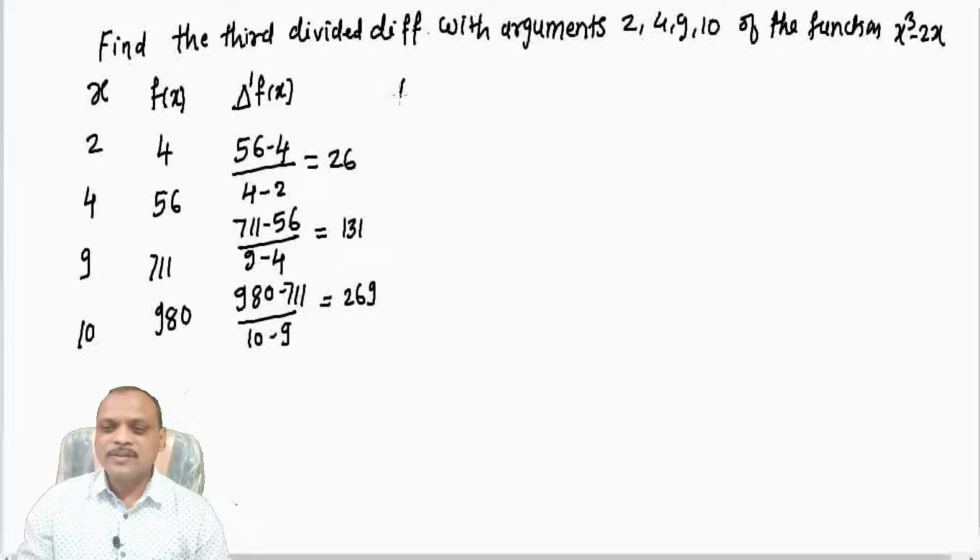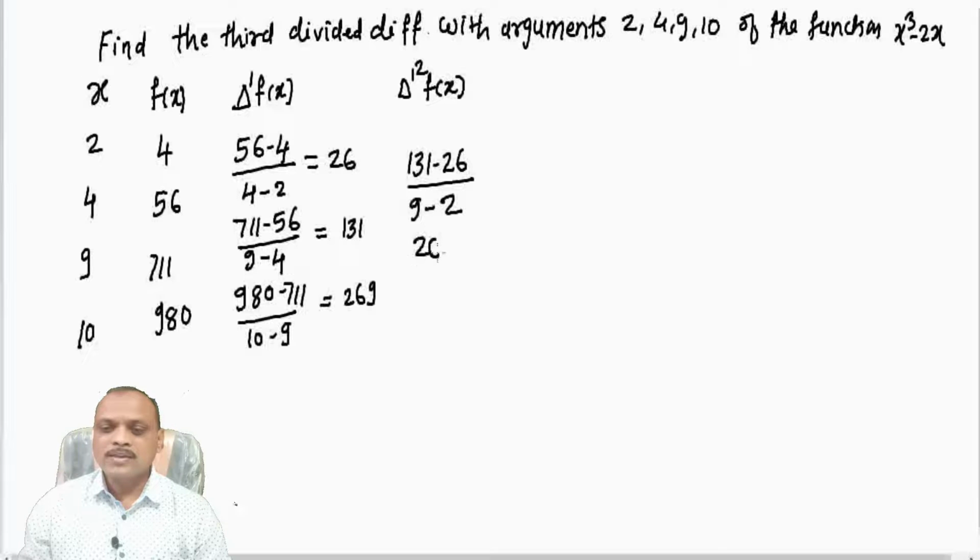Second divided differences are denoted by f dash square. Then this is 131 minus 26 divided by the third argument, that is x2, which is 9, minus x0, which is 2.